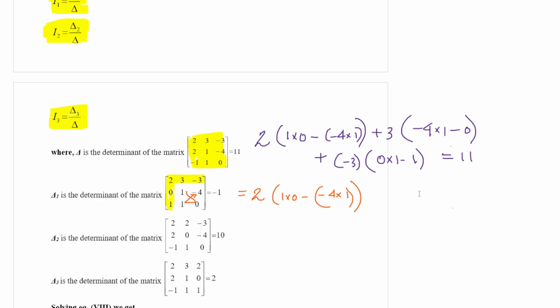Then plus 3, then we will have minus 4 into 1 minus 0. Then lastly we have minus 3, we have 0 into 1 minus 1. So if you solve this, you will get minus 1.